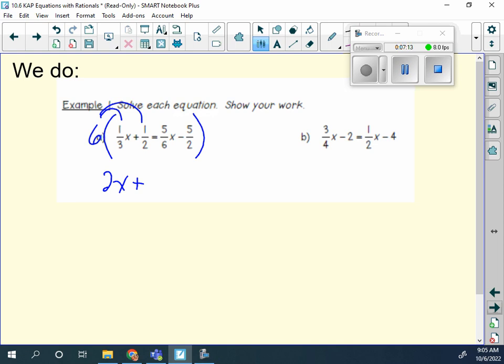What's 6 times a half? 3 equals 6 times 5, 30 divided by 6, 5, because those eliminated each other, 6 over 1, minus 6 times 5, 30 over 2, 15. And now you can go ahead and finish solving it yourself. So go ahead and do that.